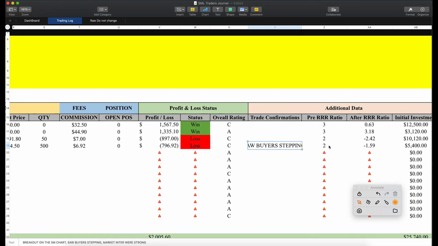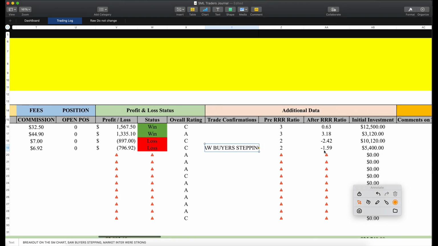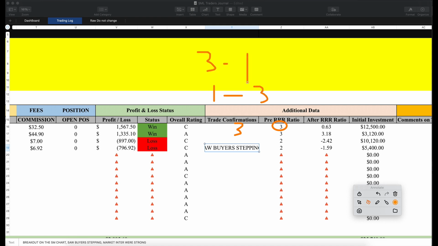Now, when I go here, this is gonna show me my pre-trade reward to risk ratio and my after. Obviously, if it doesn't match or it's lower, there's an issue, right? So if you guys look at the first trade, before I took the trade, my risk reward ratio was a 3, meaning I was willing to risk $1 to potentially make $3, right? After the trade, it was not even 1.